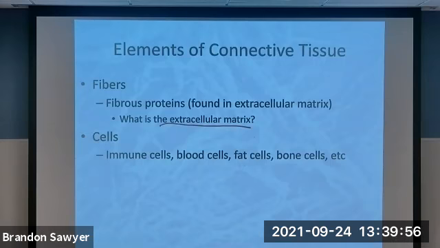It's that third space outside of cells and outside of blood vessels, just everywhere else in the body, also known as the interstitial space. Then we'll talk about some different cell types that we find in different types of connective tissue.